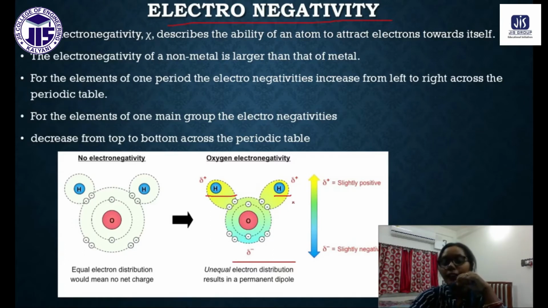That means it has the tendency to pull the bonded electron towards itself. This property is called electronegativity. So these are some of the topics that we have discussed earlier.